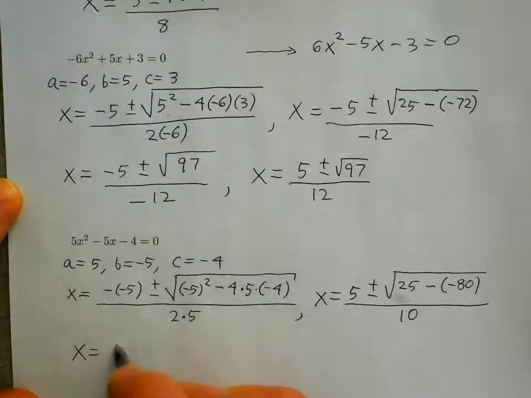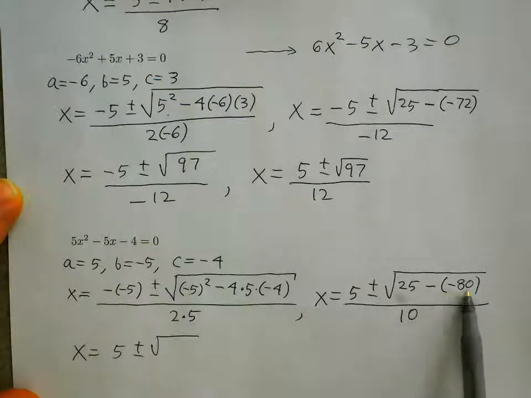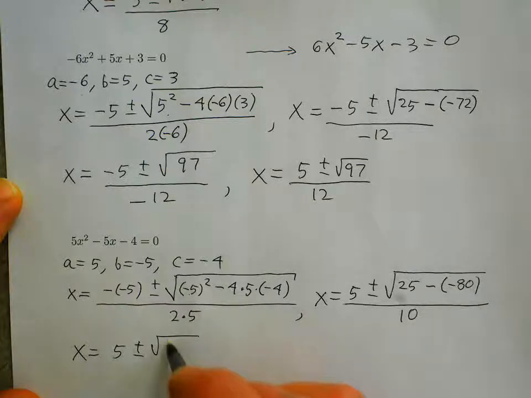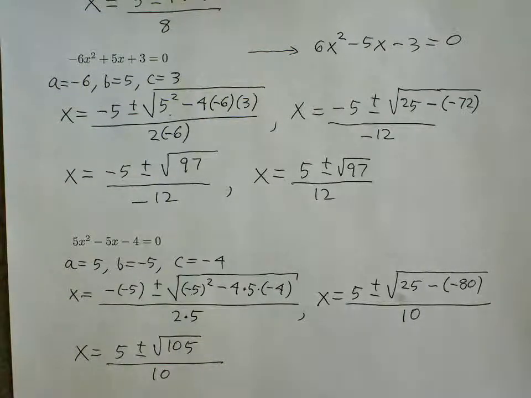X equals 5 plus and minus the square root of 25 minus negative 80, which is 25 plus 80, which is 105, all divided by 10. The square root of 105 cannot be simplified. Whenever we can simplify the square root, we have to do that, but so far we haven't had to.